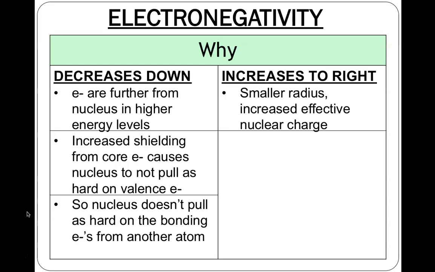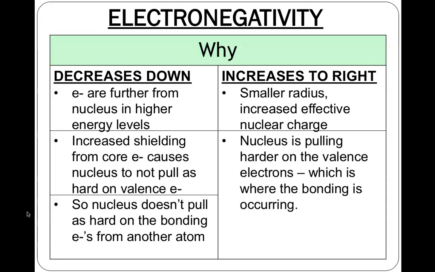They can get really close to that nucleus. Greater attraction. Therefore, it has to have a larger electronegativity. Again, the nucleus is pulling harder on the valence electrons, which is where the bonding is actually occurring. All bonds, when we get to the bonding chapter, take part in or are used by valence electrons.